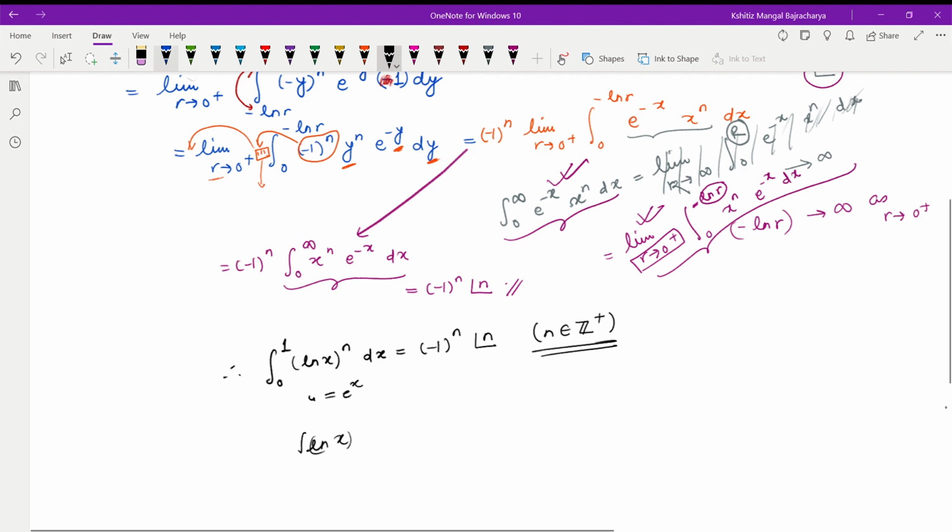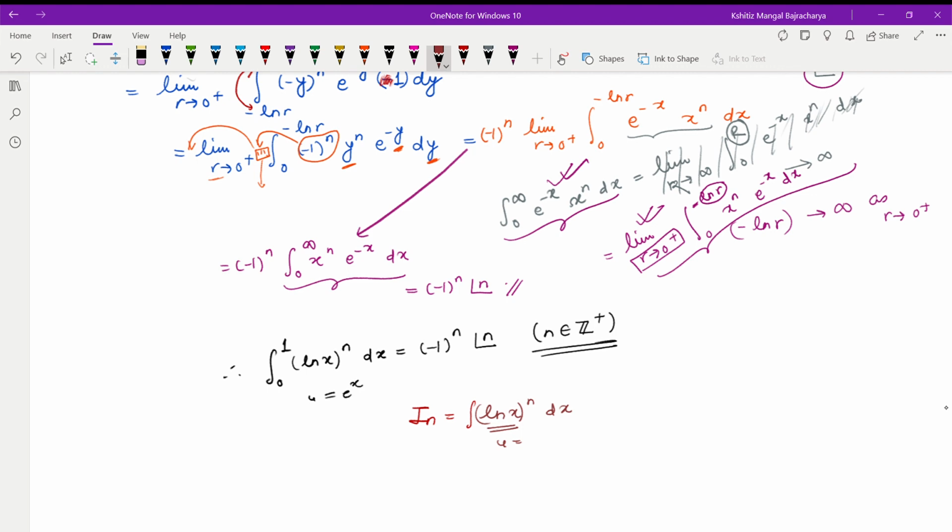Let's call I n to be the indefinite integral of log x raised to the power n dx.